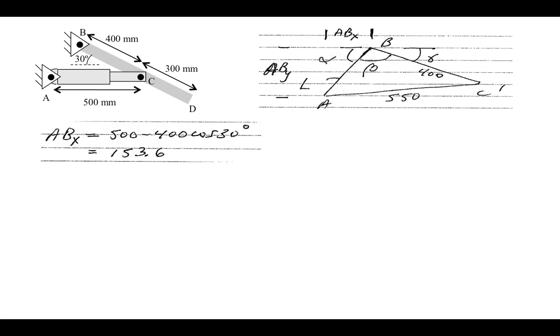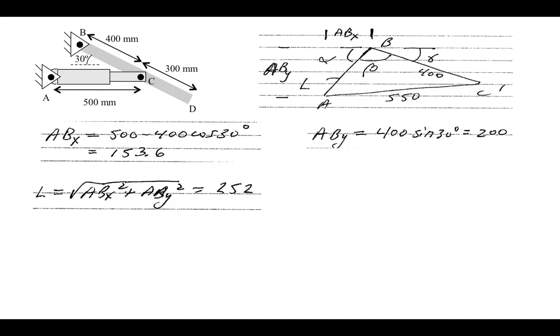The horizontal leg corresponds to the horizontal distance from A to C minus the horizontal distance from C back to B. The vertical leg corresponds to the vertical distance from C back to B, since AC is originally horizontal. From the two legs of the triangle, we can find the hypotenuse by Pythagorean theorem, and we can find alpha using the arctangent.